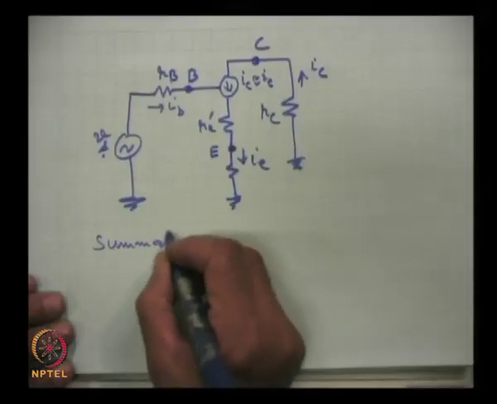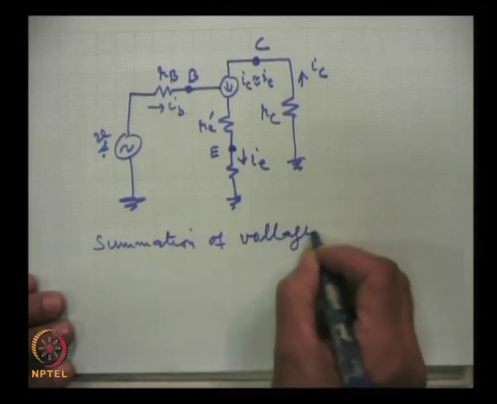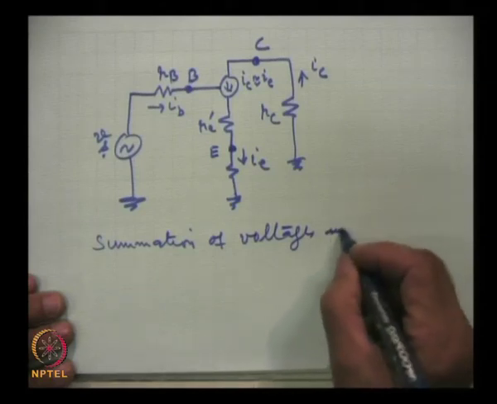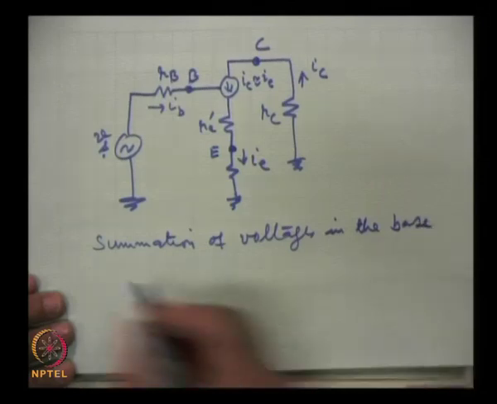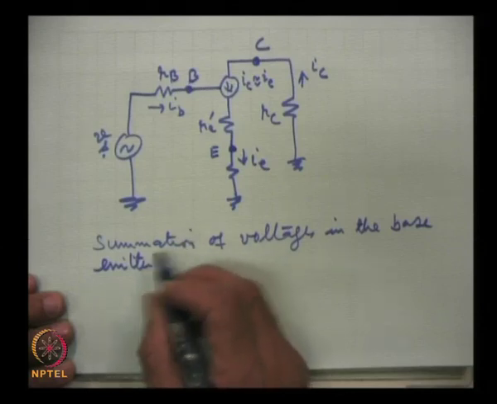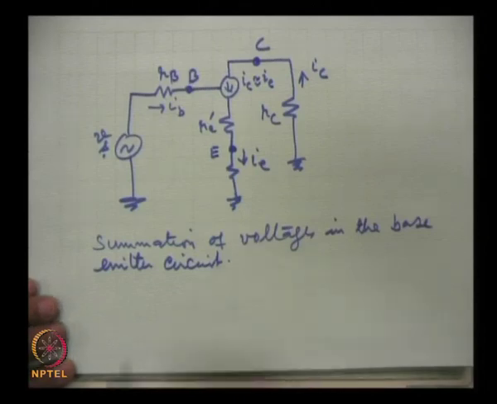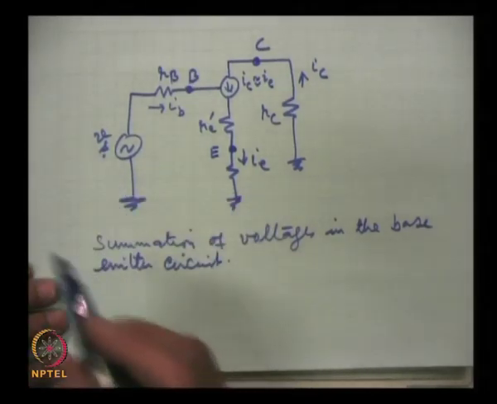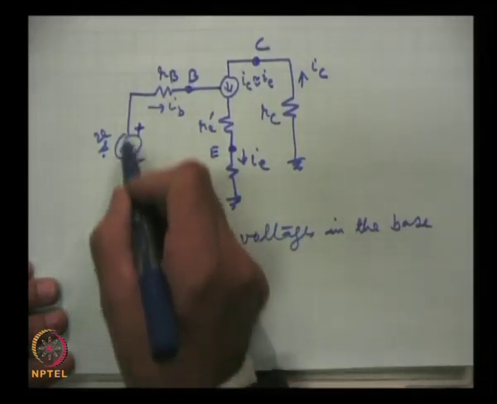So, summation of voltages in the base-emitter circuit results in, for example, at any instant we take the polarities like this, we start from here.